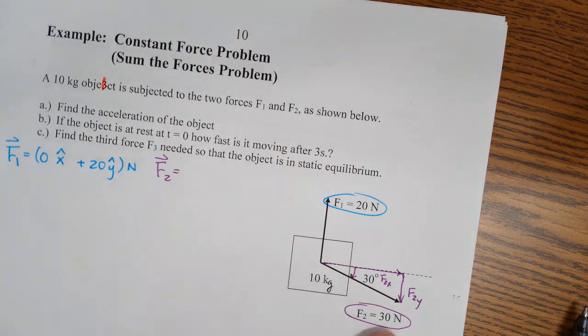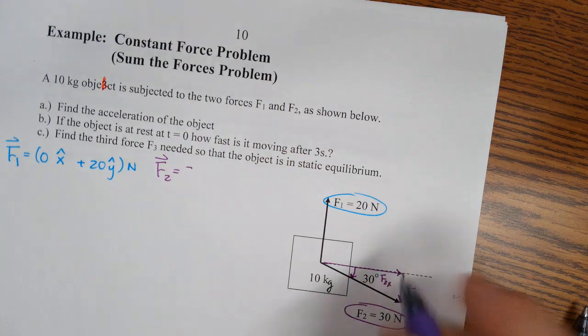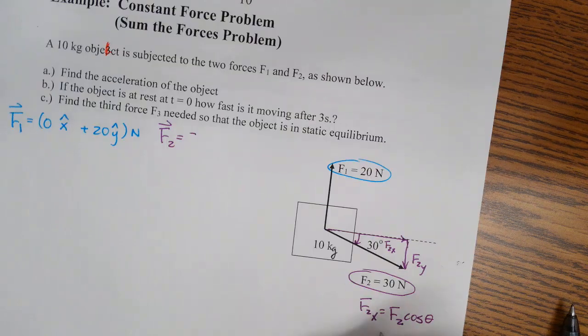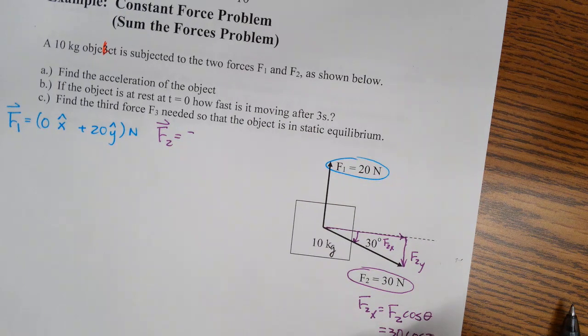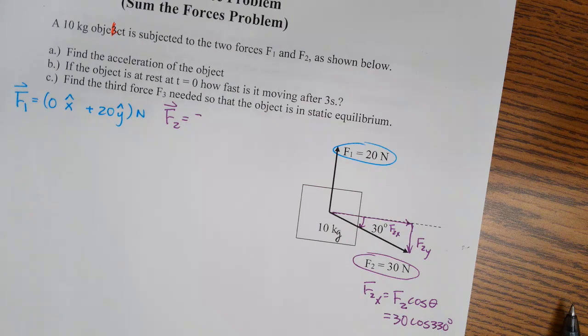So since F2x is F2 times cosine of theta, F2x is 30 times cosine of 330 degrees, or negative 30 degrees. If you do that, I think you get something like F2x is equal to 26 newtons in the x hat direction.